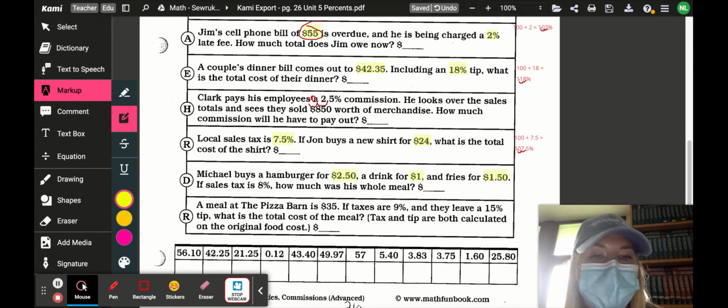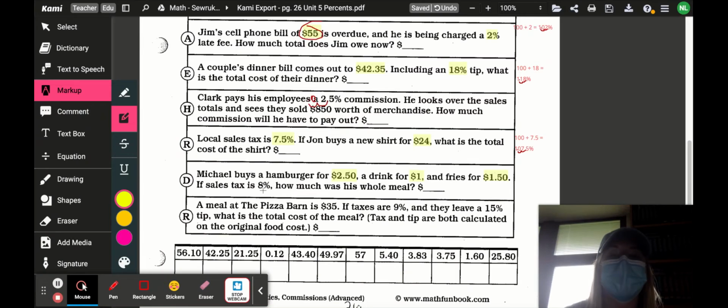Add those all up. You know we're going to pay 100% for that, but we also need to add on 100 plus 8, which will give us 108%. You then need to move the decimal 2 places to the left, and then you're timesing or multiplying that decimal by your total cost, which will give us the total cost of our meal.